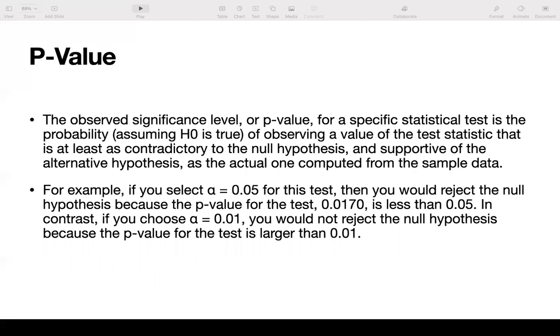For example, if you select alpha equals 0.05 for this test, then you would reject the null hypothesis because the p-value for the test is a definite value that is smaller than 0.05. In contrast, if you choose the significance level to be 0.01, you will not reject the null because the p-value is probably larger than 0.01.